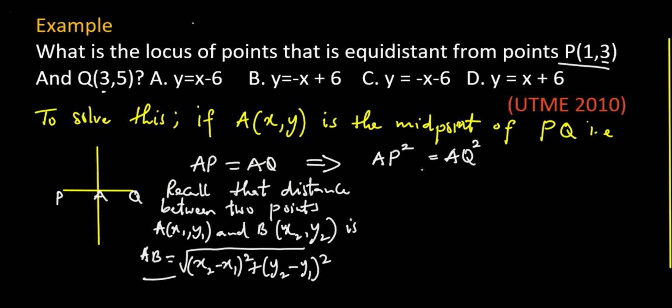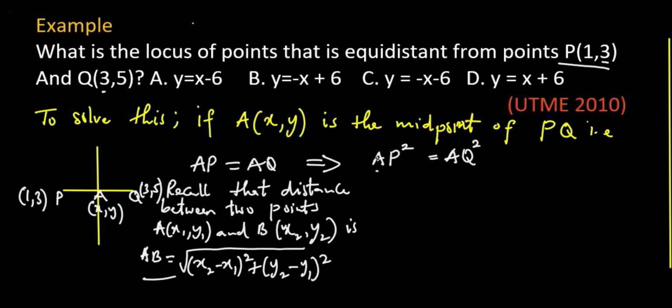Okay, so having known this, we will apply this one here for the line AP as well. So the distance between line AP will now be, of course, we know that P has a coordinate of 1, 3, and Q a coordinate of 3, 5, and our A has a coordinate of x, y.